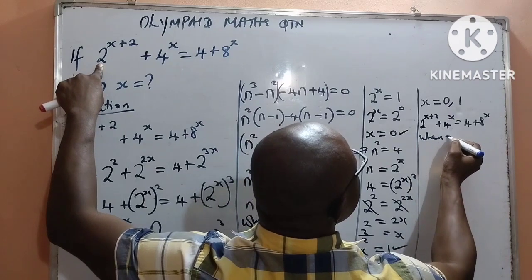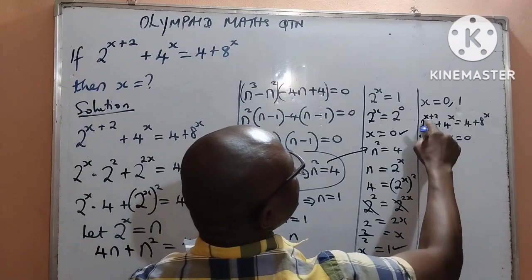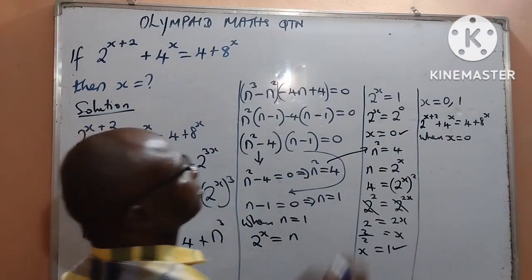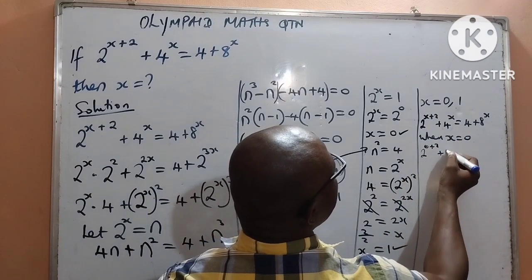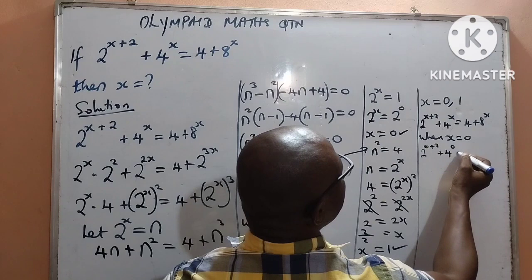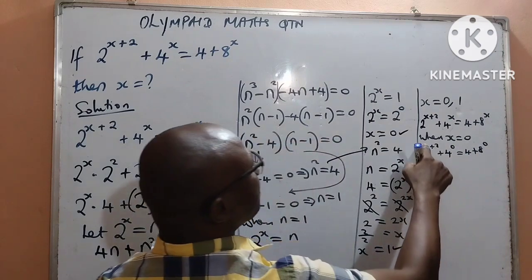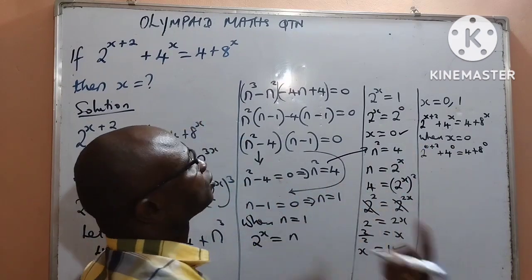When x is equal to 0, I will now put my x as 0, and that will give me 2 to the power 0 plus 2, then plus 4 to the power 0 is equal to 4 plus 8 to the power 0. So 0 plus 2 will give me 2.